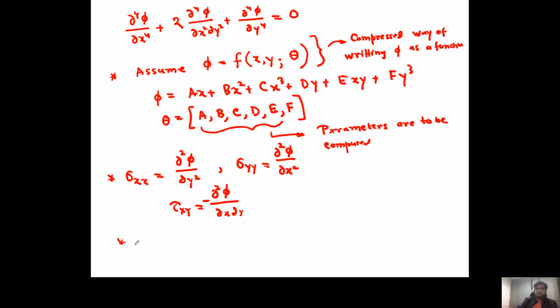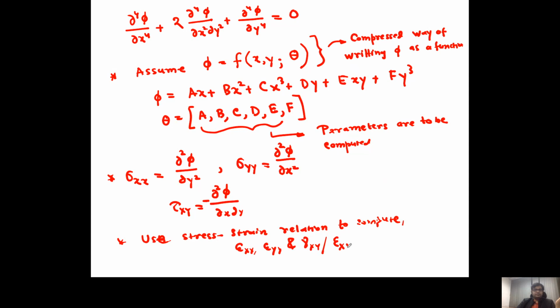What will be the third step? Use stress strain relation to compute epsilon xx, epsilon yy, and gamma xy or epsilon xy, either of these, right?